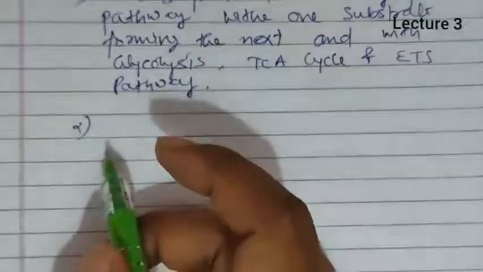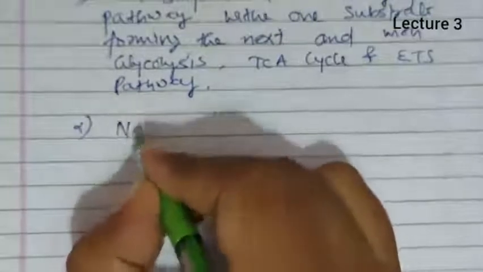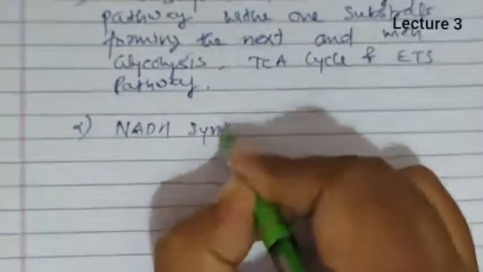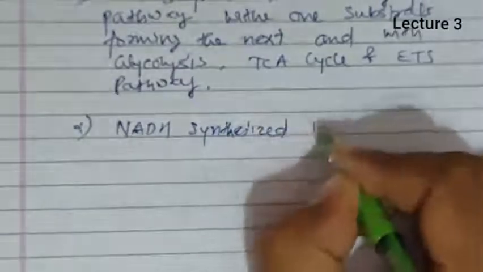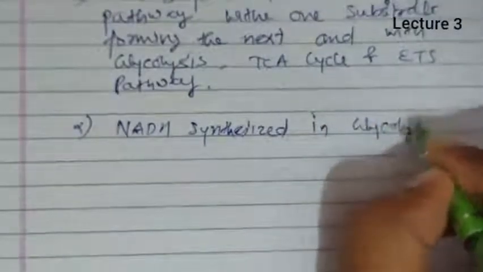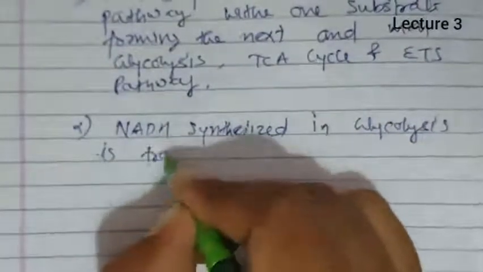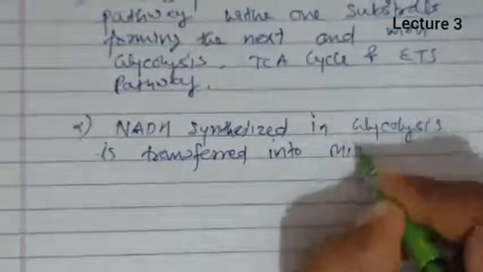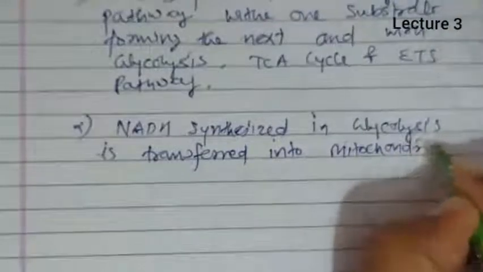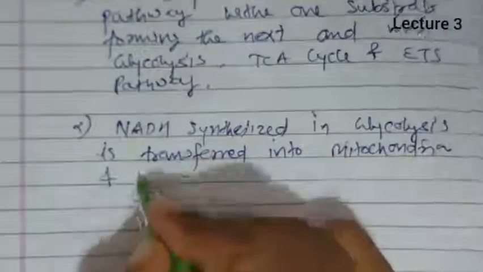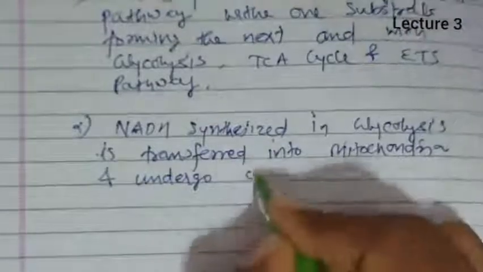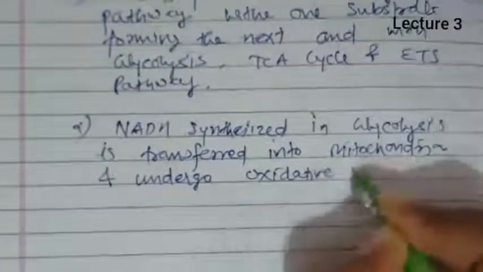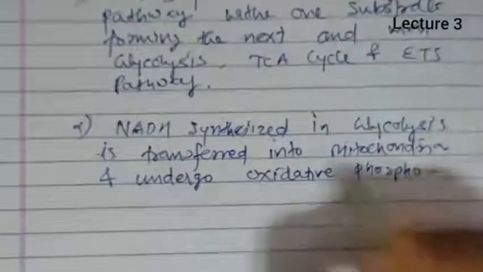Second, NADH synthesized in glycolysis is transferred into mitochondria and undergoes oxidative phosphorylation.